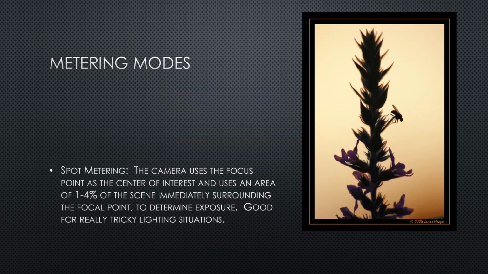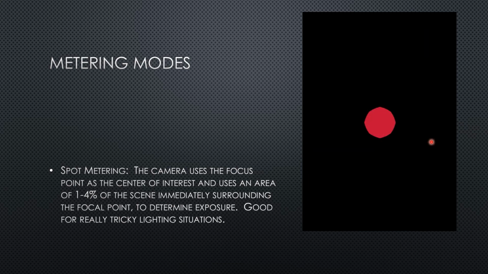Sometimes we find ourselves looking at an image where the meter would easily be tricked by all of this brightness and would close down our shutter speed or our aperture and give us an underexposed image. One way the camera can overcome that is to use a metering mode known as spot metering, where instead of looking at all of this area, it's going to ignore all of that and take its reading from just this very center part of the image.